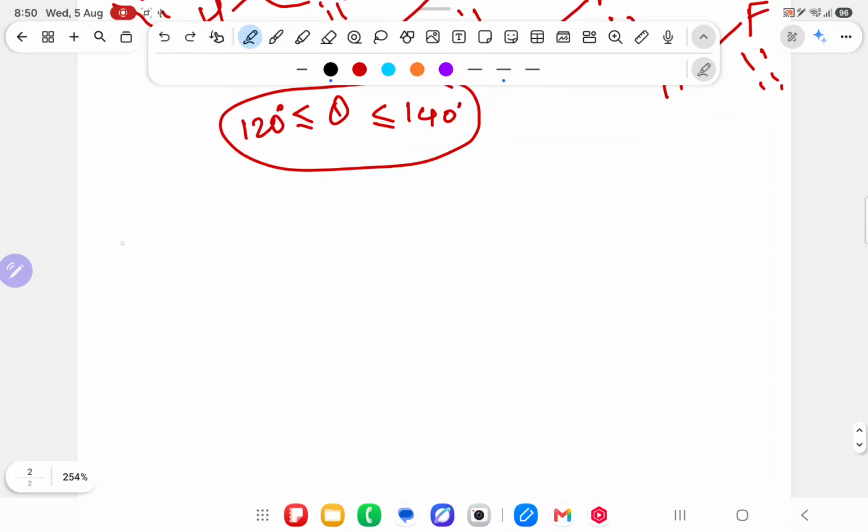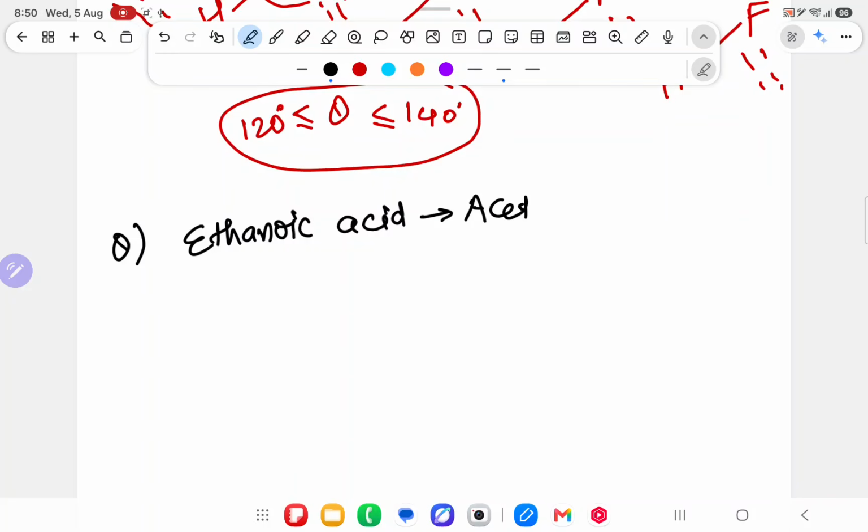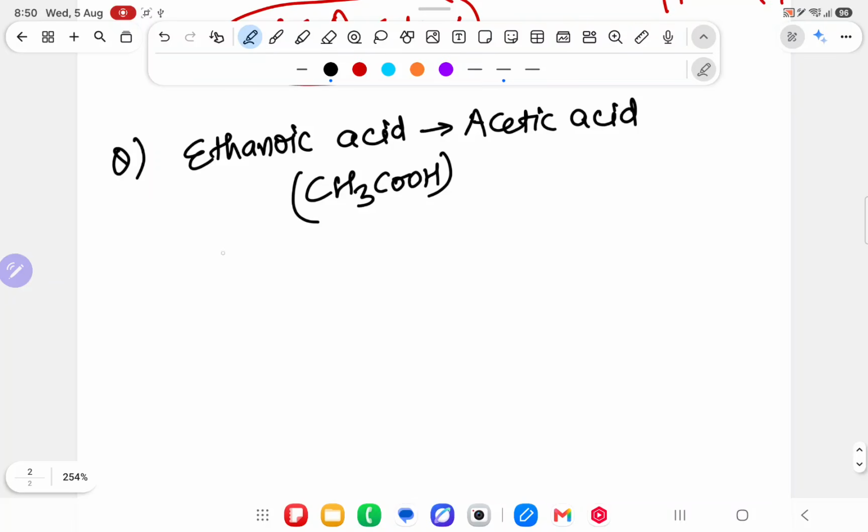The next example we will have a question on is ethanoic acid. Ethanoic acid is also known as acetic acid, and acetic acid has the formula CH3COOH. Acetic acid will always form a dimer. What do you mean by dimer?